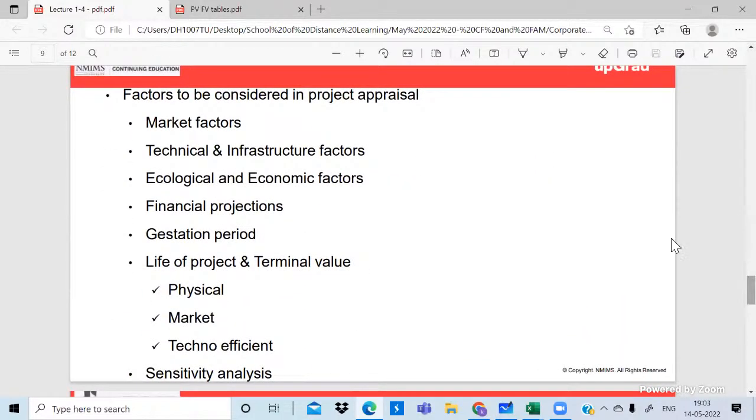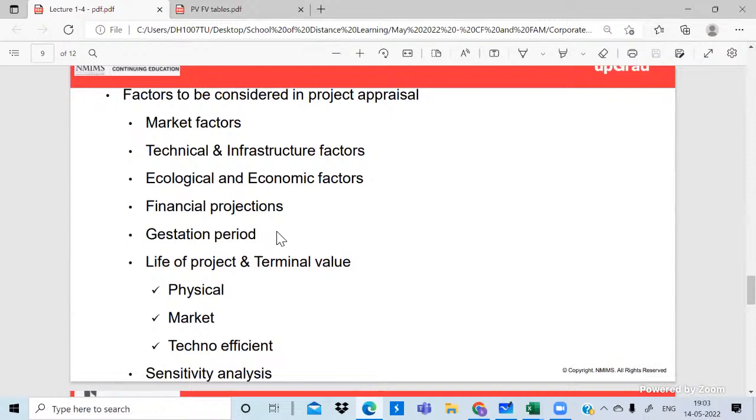Then we looked at the factors which are to be considered while, let's say, you're implementing a project. So you'll have to look at the market factors, technical factors, economic factors. You'll also have to look at what will be your financial projections. So a lot of assumptions have to go into calculating financials. You'll have to look at what will be your gestation period.